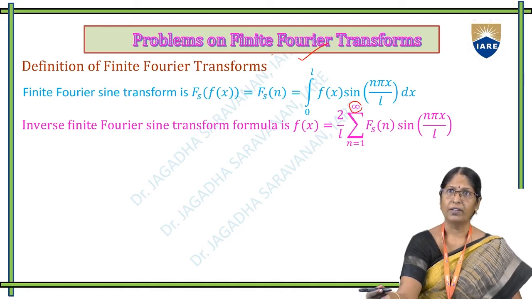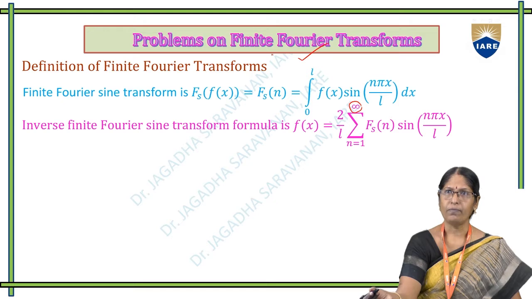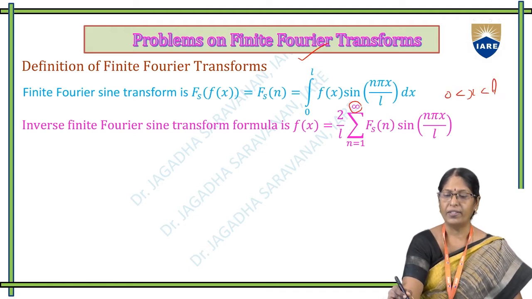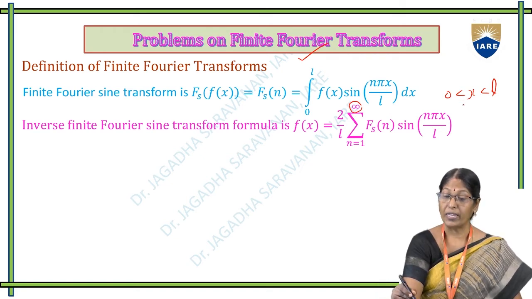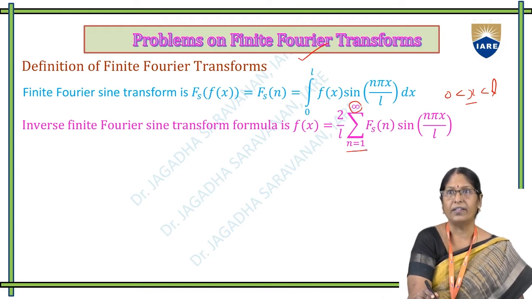At the start, in the introduction, we made it very clear that x lies between 0 to L. If it is there, then it is finite. So x is mentioned, whereas here n is there.